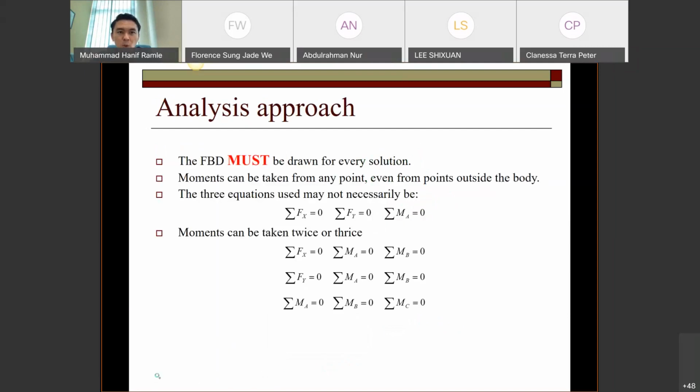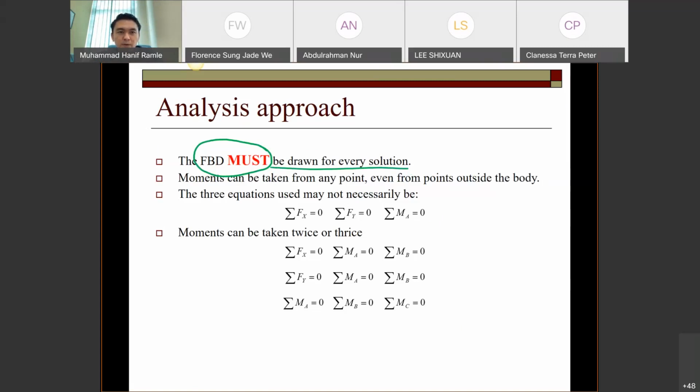Okay, Newton first law. Before you apply the Newton first law, you have to make sure that you draw the FBD for every single solution. You have to draw the FBD to make sure that you can determine the unknown value later on.